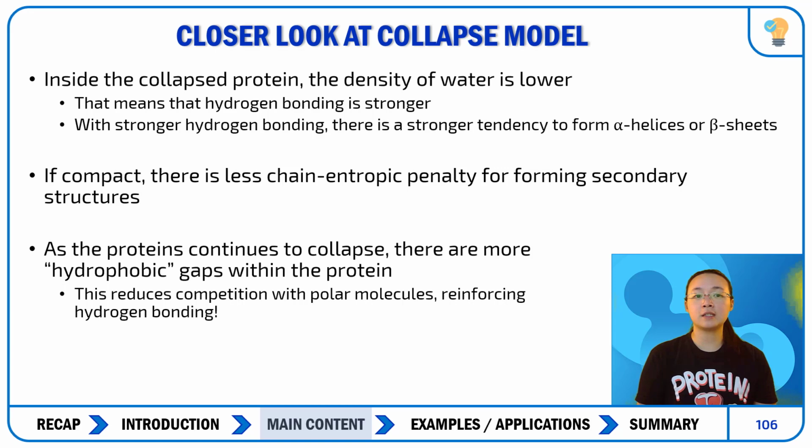As the protein continues to collapse and fold, there are going to be more hydrophobic areas within the protein. Because of that, it reduces competition for hydrogen bonding and actually makes it stronger than it would be if it were around water.